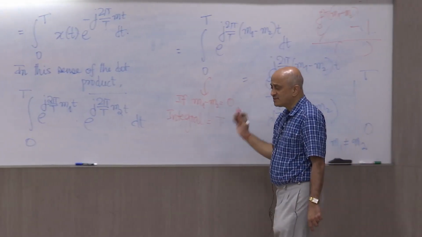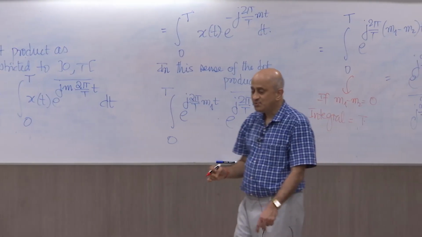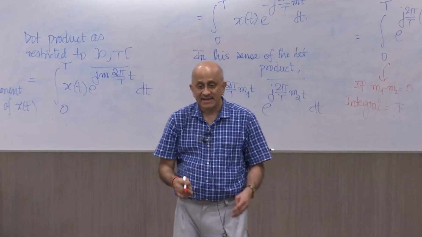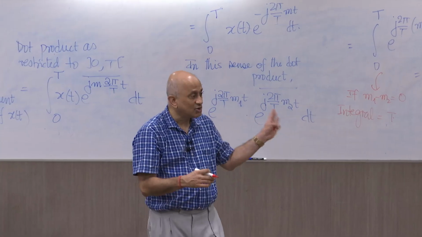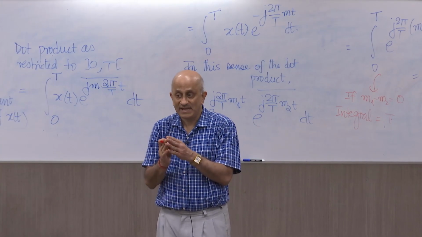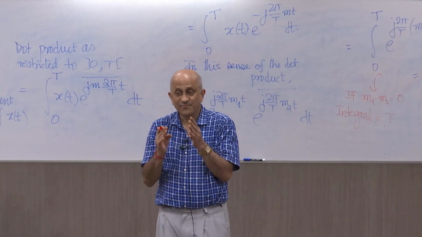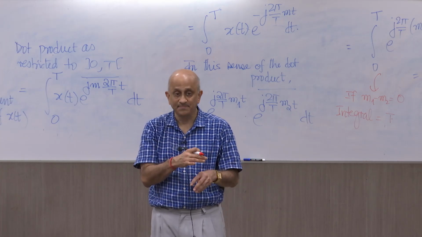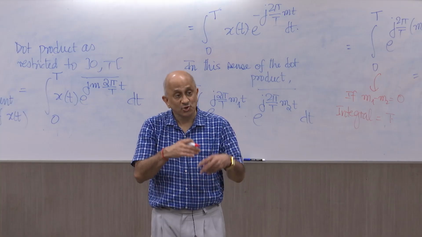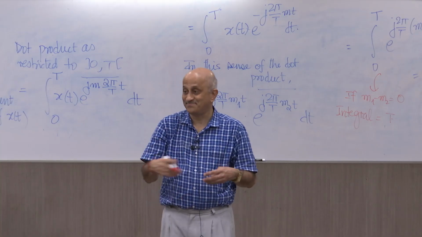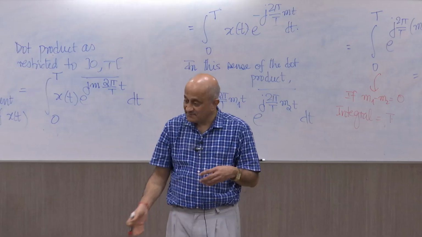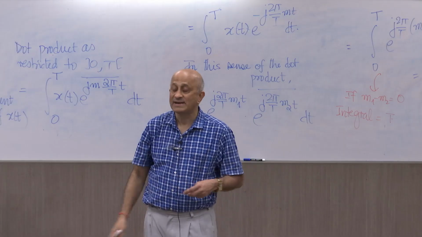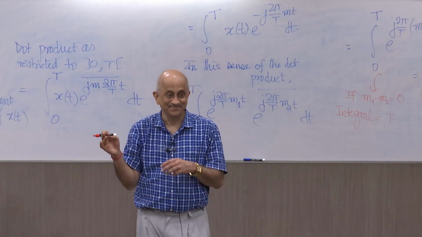In fact, this is not surprising. What you are doing here is to integrate. When you take such a dot product of two phasors, both of which have a multiple of this angular frequency 2 pi by T, then that dot product itself is the rotation of a phasor over an integral number of cycles.